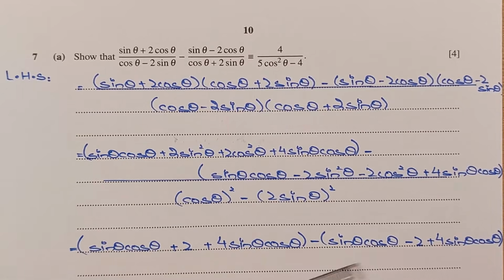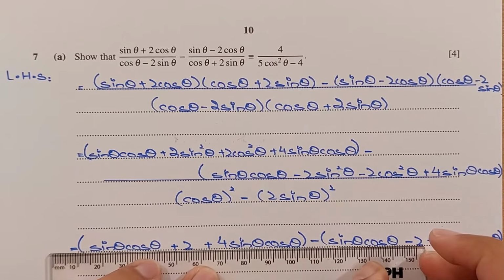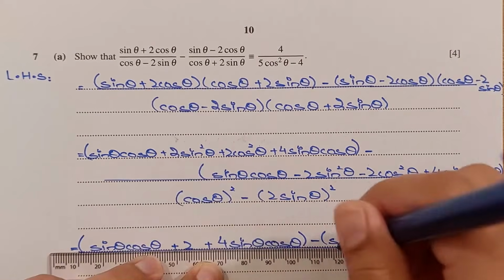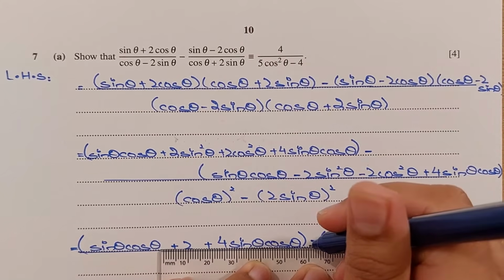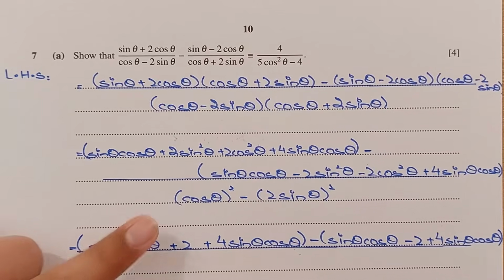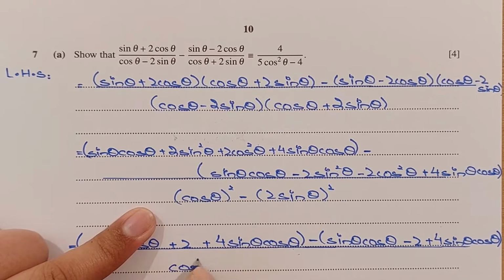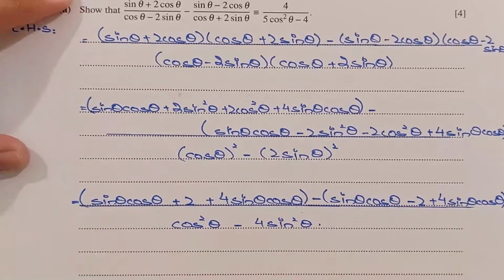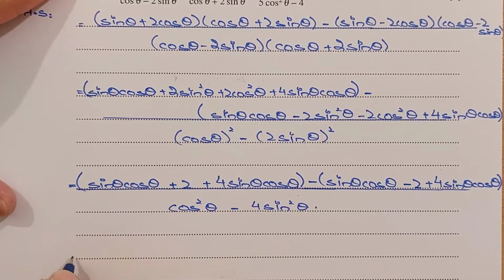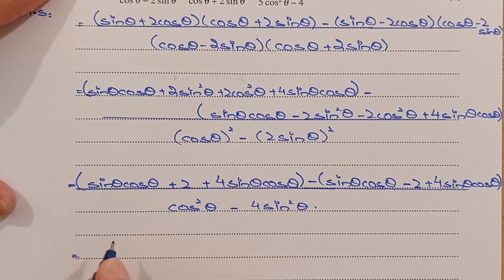Right. In the next step, I will open the bracket negative sign. So this whole thing is divided by the denominator. So here we have cos square theta and minus 2 square is 4 sin square theta. Right. Further simplification, let me open the bracket with a negative sign.